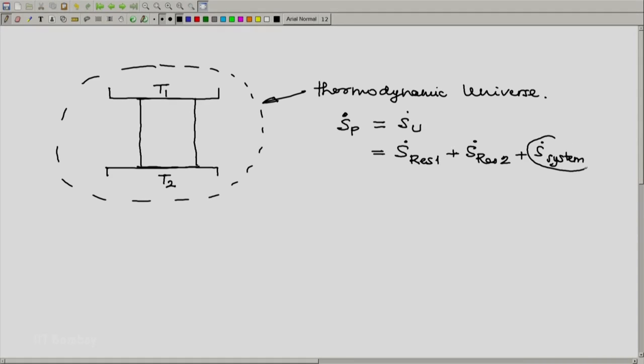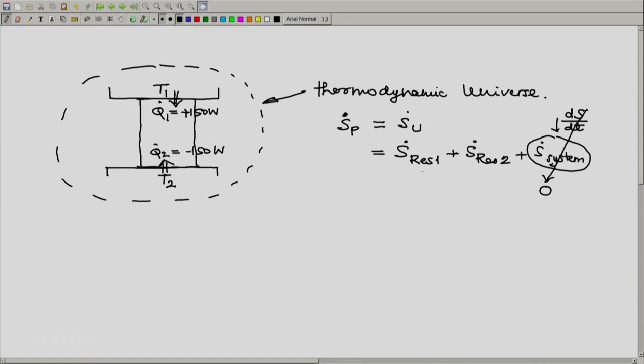This is what I had written as dS by dt earlier, and this, because we have a steady state, is 0, and here our heat flow rates are as shown from the system point of view, where Q dot 1 equals plus 150 watt and Q dot 2 is minus 150 watt.